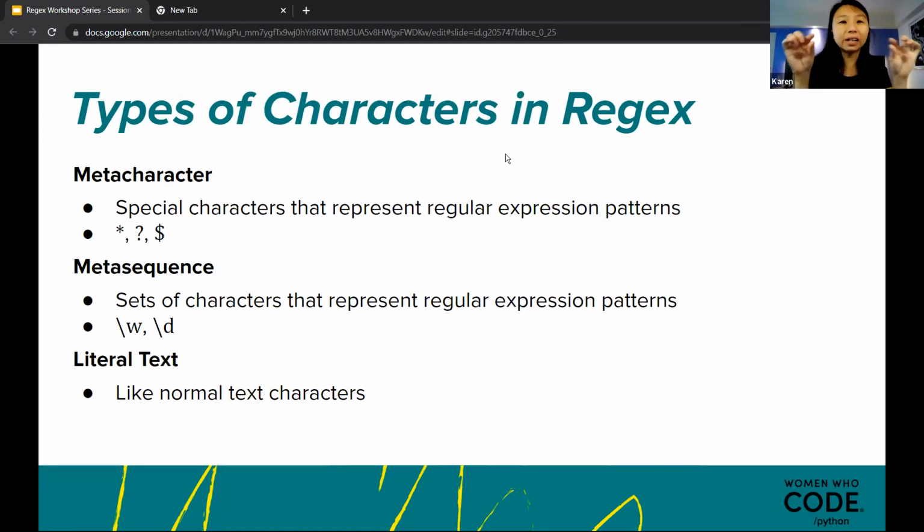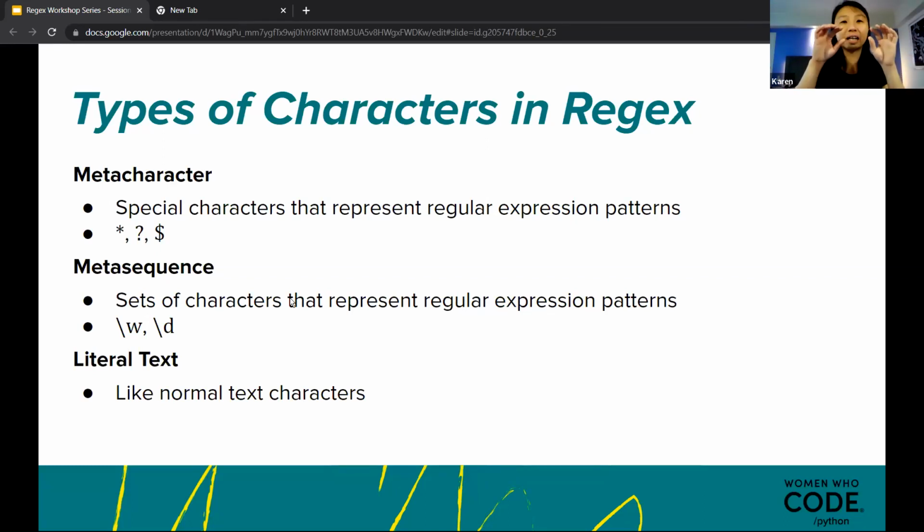There is also a set of characters. Besides using punctuation, we can use something like \w or \d, which are meta sequences. \w is for word, basically any alphabet character, and \d is digit.